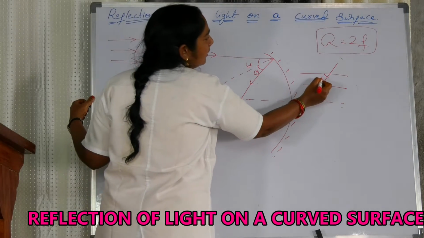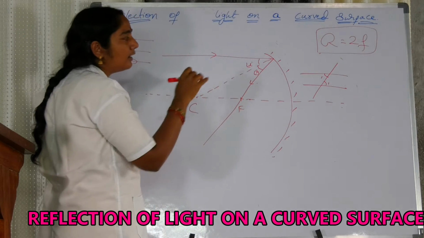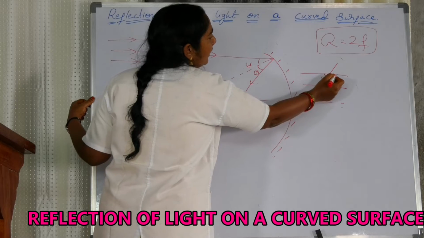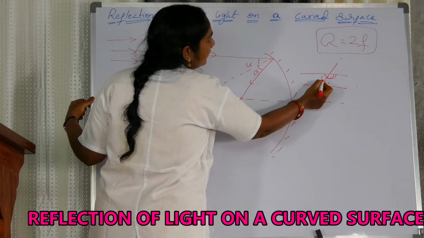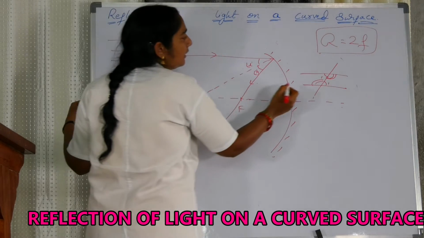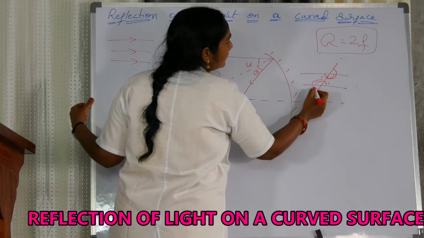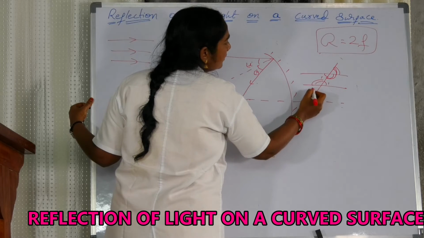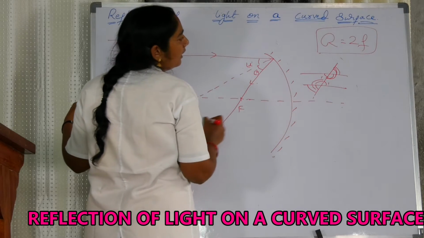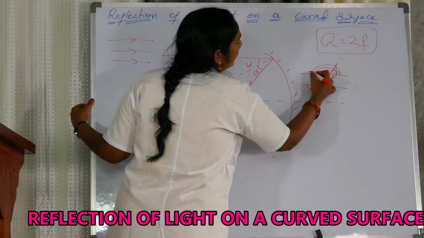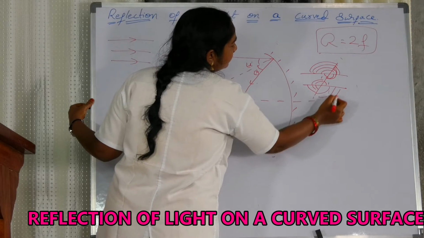These two are interior alternate angles, and interior alternate angles are equal. Exterior alternate angles are equal too: this angle is equal to this angle.